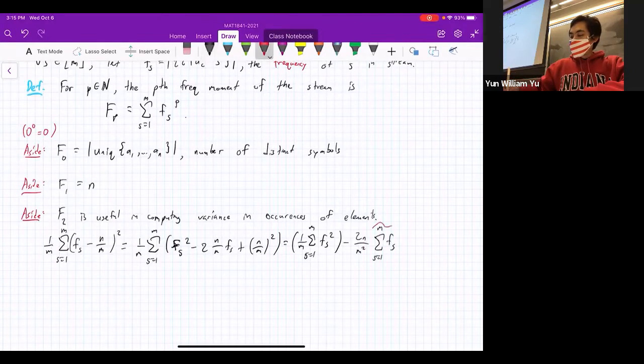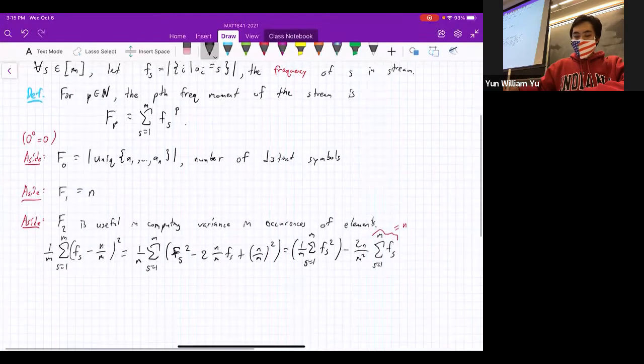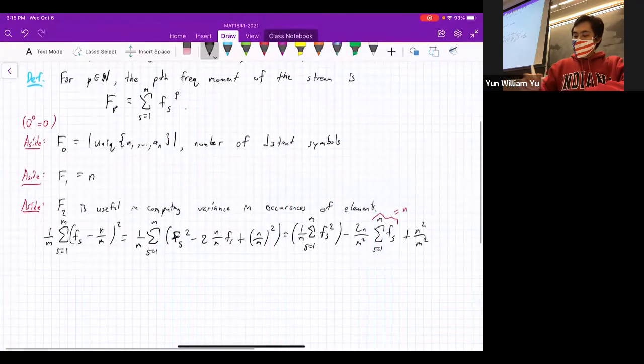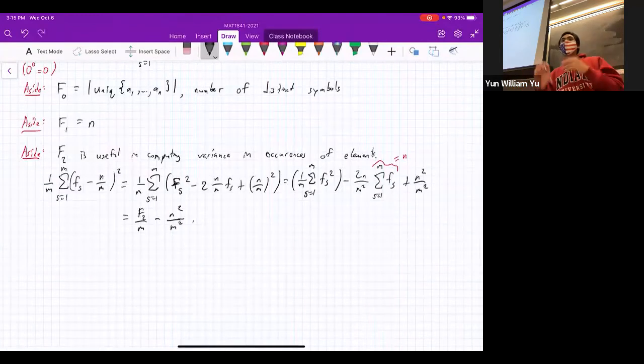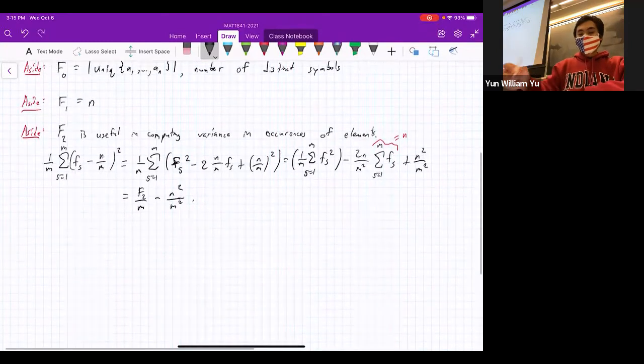But of course, that's just the first frequency moment, so that's just equal to N plus N squared over M squared. And so this entire thing is just equal to F_2 divided by M minus N squared over M squared. Okay, so if you could compute the second frequency moment, you could also compute the variance in the occurrence of elements. So the variance is in the frequency vector.